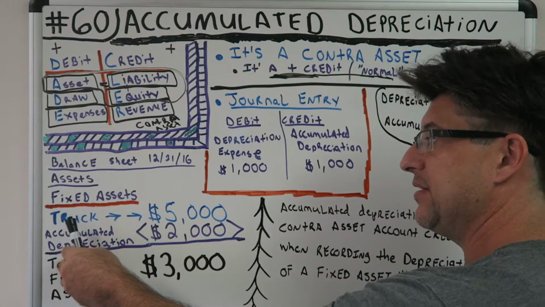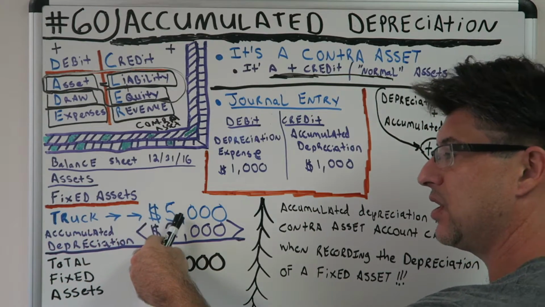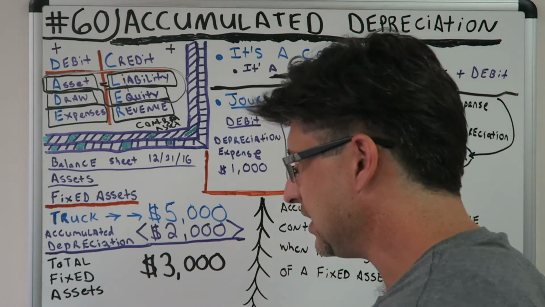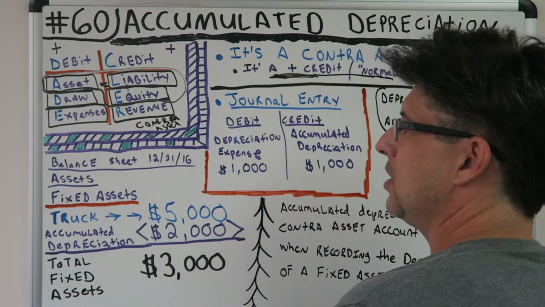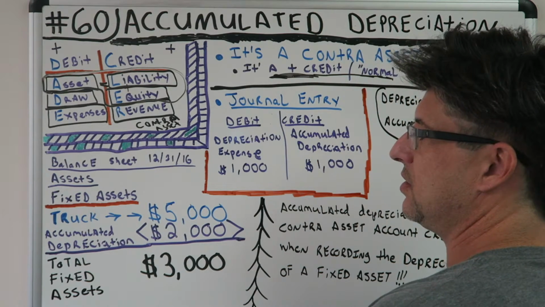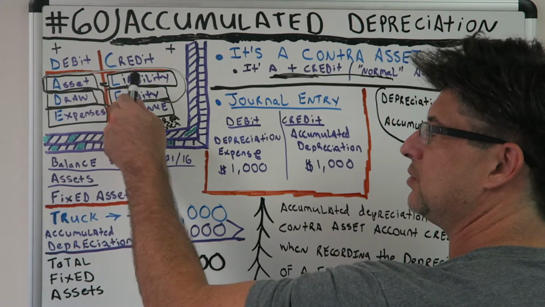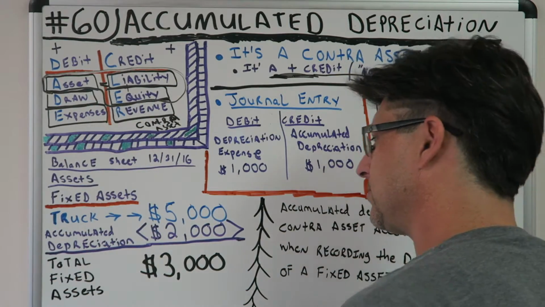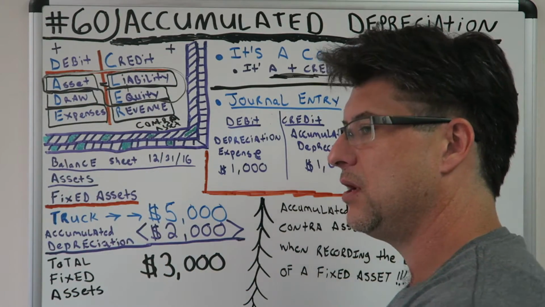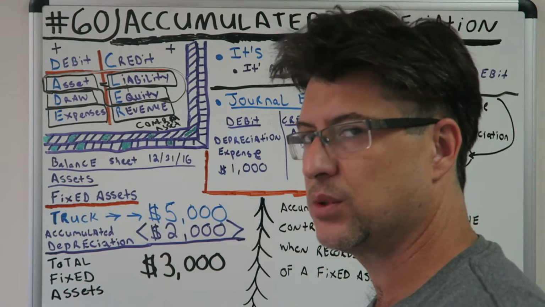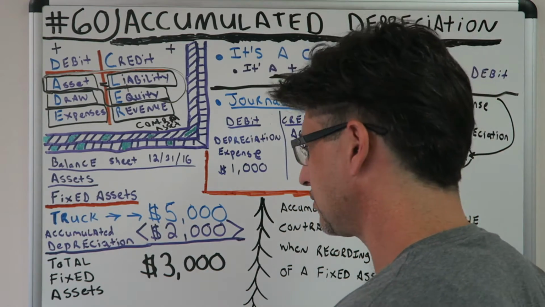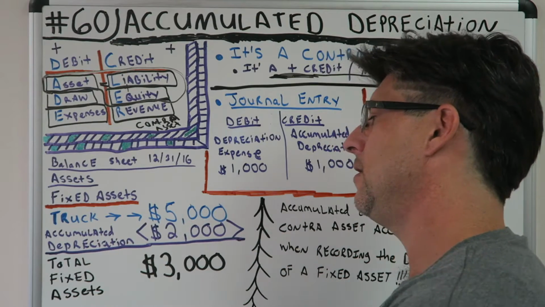Under the fixed assets, I have a truck for $5,000. I know assets equal liabilities plus equity. If I see that, I know it's 5,000. I know it was worth $5,000 when it was purchased. That was the purchase price.